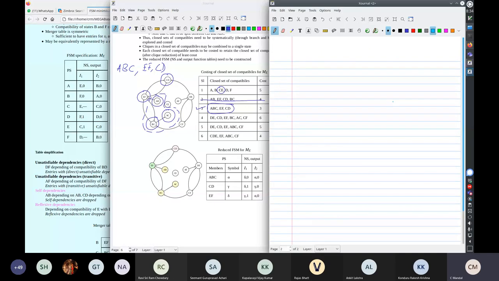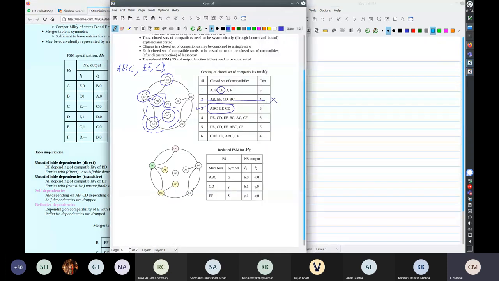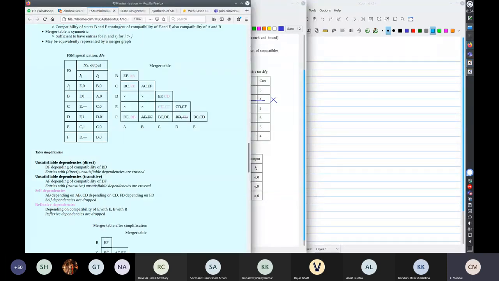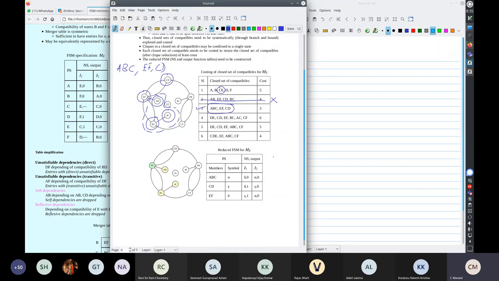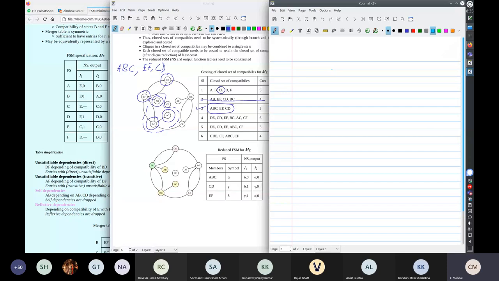So let us see what happens if you consider the merger of ABC. When you are merging ABC, we just give it a new name.